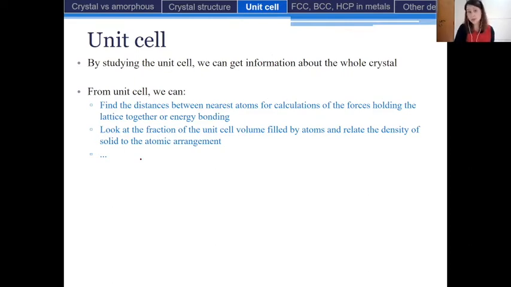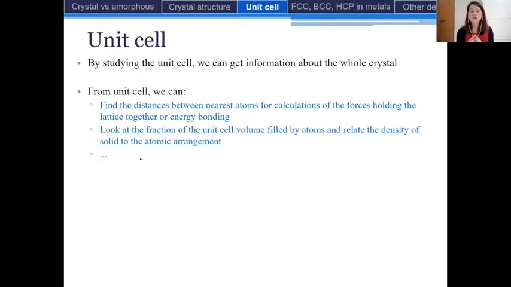So we showed that it is the smallest building block of the crystal that we find in our material. But in fact, by studying only the unit cell, we can get information about the whole crystal. So we are simplifying our study and our problem and getting the necessary information to describe our whole crystal. And so, for example, from the unit cell, we can find the distances between nearest atoms to calculate the forces holding the lattice together, or the bonding energy.